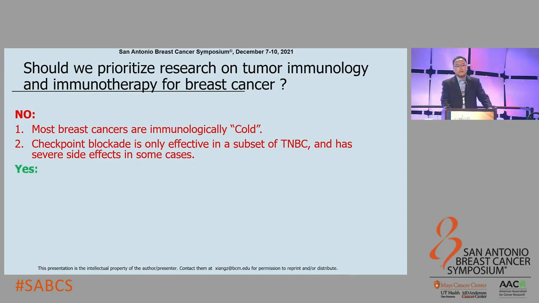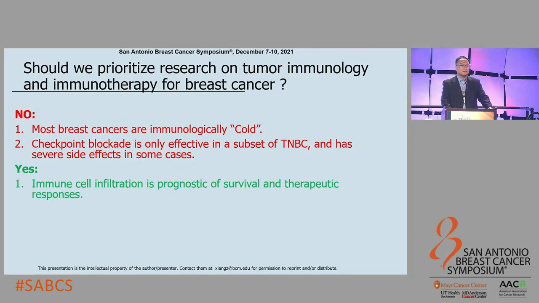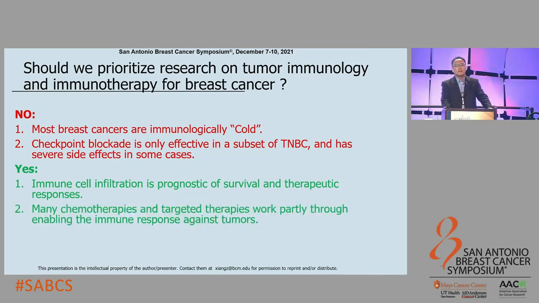But many other people, including myself, are still very hopeful because immune cell infiltration is prognostic of survival and therapeutic response. Also, many chemotherapies and targeted therapies that are not designed to target the immune system actually work through activating the immune response. So we will come across a few examples in this session.